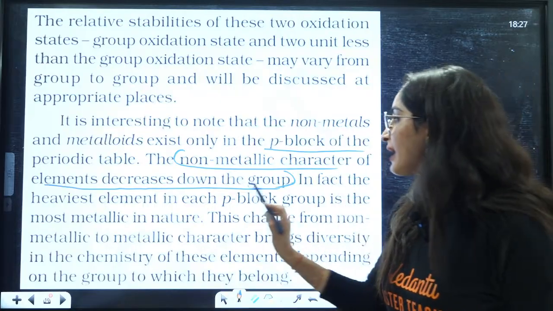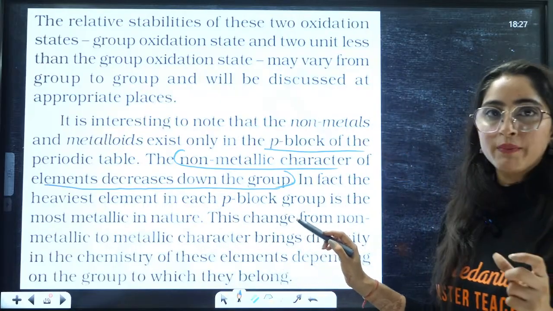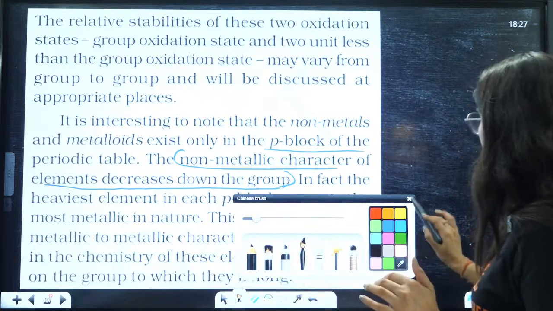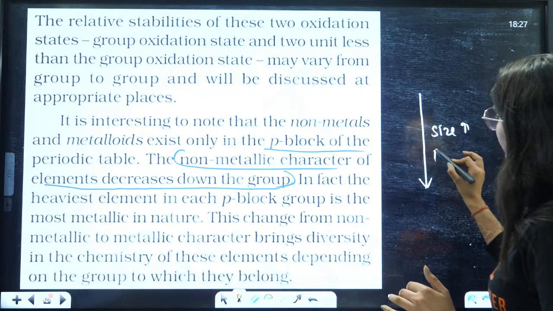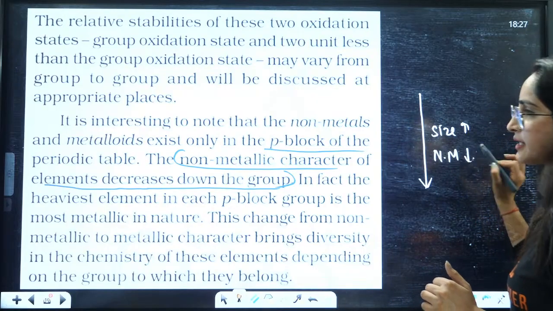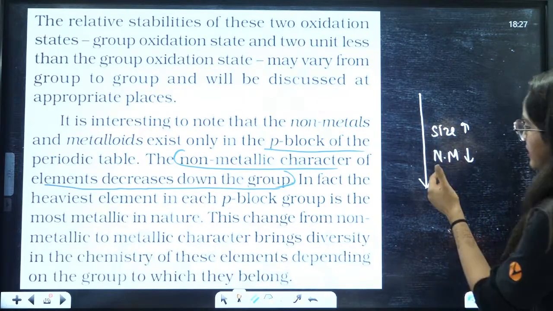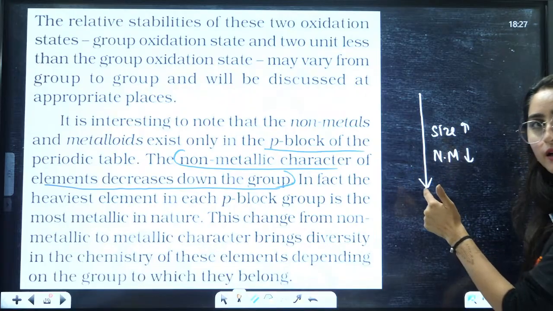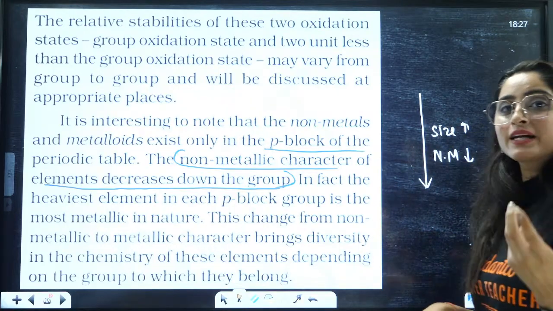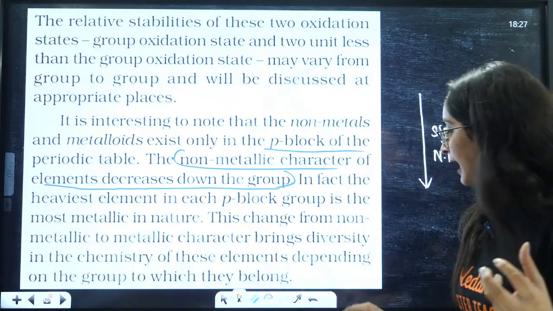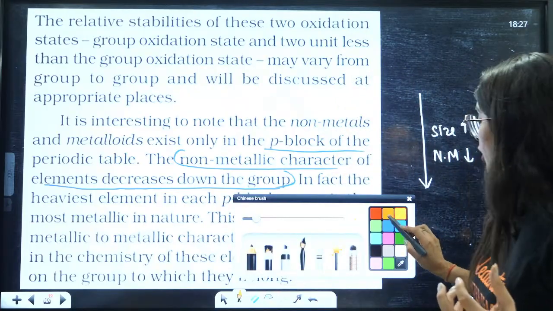In fact, the heaviest metal in each p block group, that means as you go down the group, we know that down the group size will increase. We are saying that non-metallic character decreases, right? That means the heaviest metal, right? Because size is increasing, this is the heaviest metal. Heaviest metal will have the minimum non-metallic character.